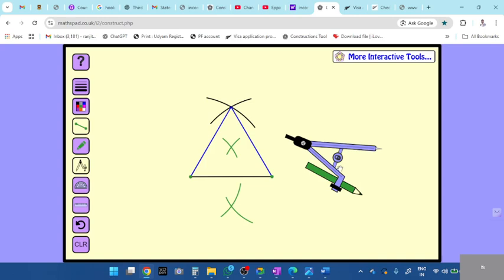Construct this. Take 6 centimeters, all three sides 6 centimeters. Equilateral triangle.